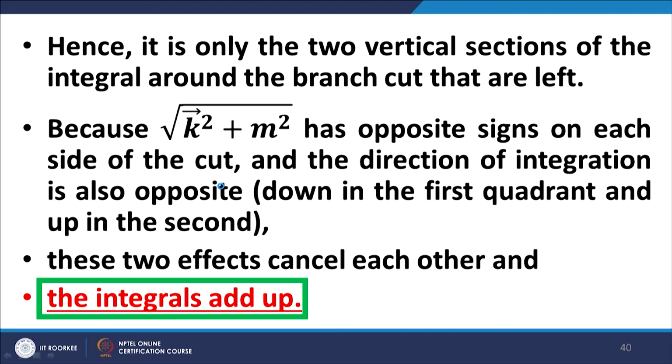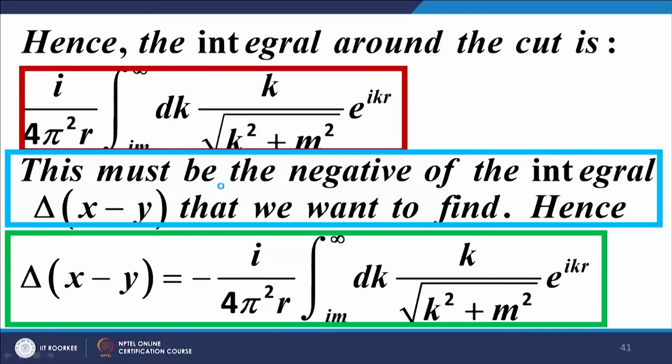And the second part is that the straight lines are being traversed in opposite directions. So, these two opposing things cancel each other, and what happens is that the integrands add up, and as a result the value of the integral around the branch cut becomes the expression that is given in the red box.